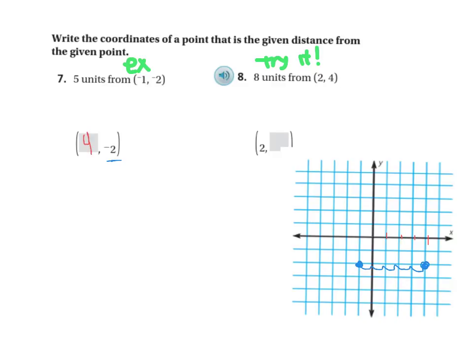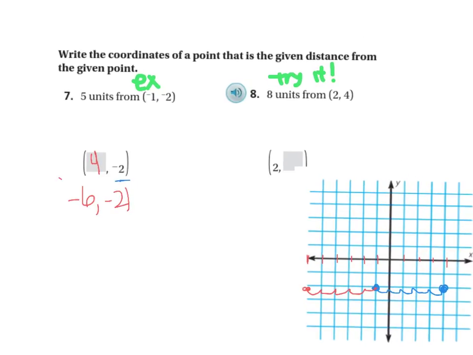I could have also gone this other direction, starting back at -1, -2, and gone 1, 2, 3, 4, 5, which would have given me -1, -2, -3, -4, -5, -6. And both are correct. Either one is an option.